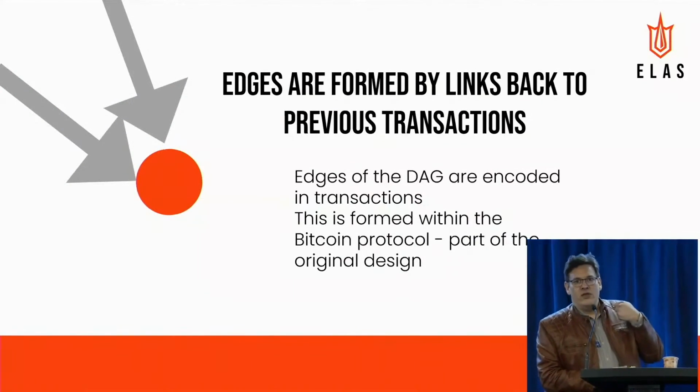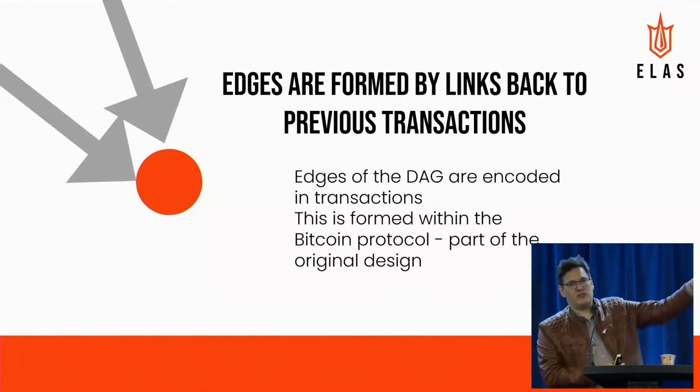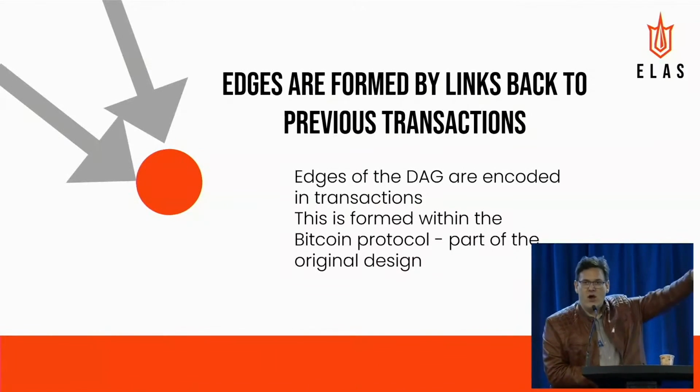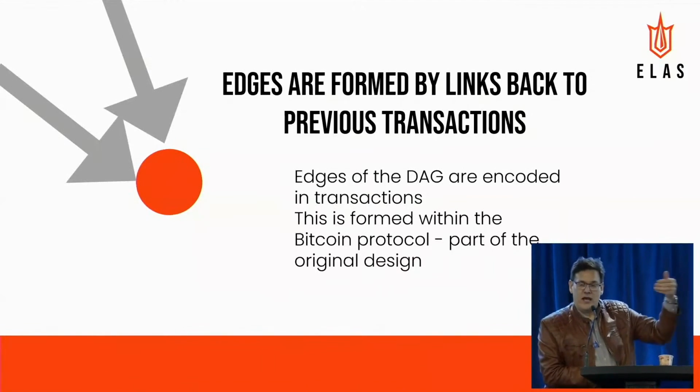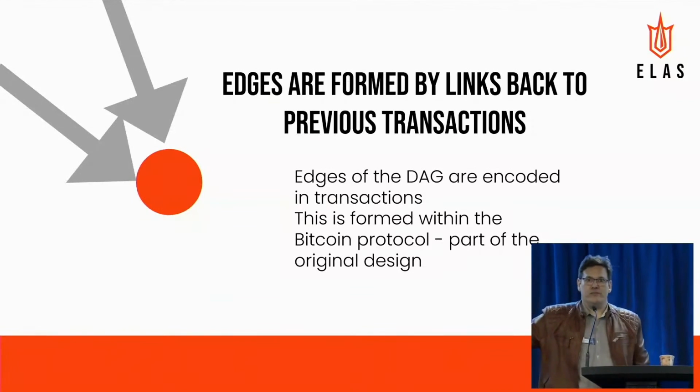The edges within that database are formed in the transaction. Essentially what happens in the transaction is it points back to a previous transaction and says, I'm spending a coin that was created here in this transaction, and then I'm reallocating it to a new script.